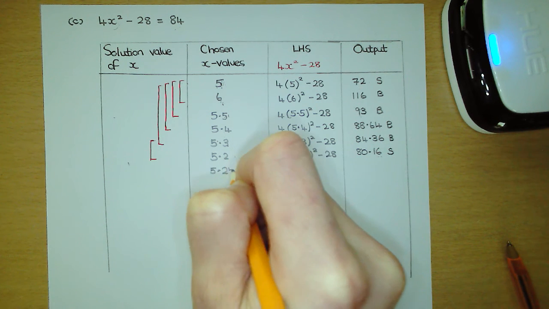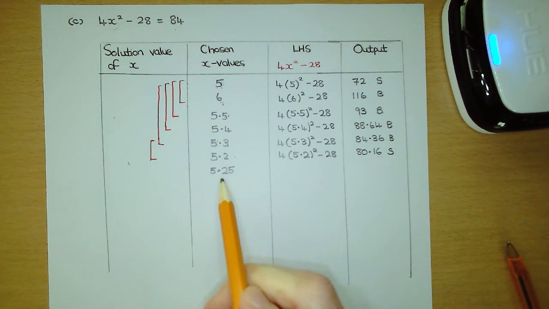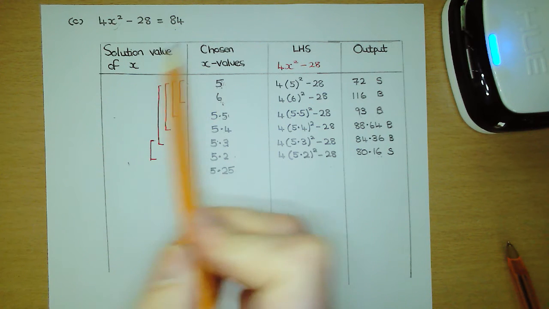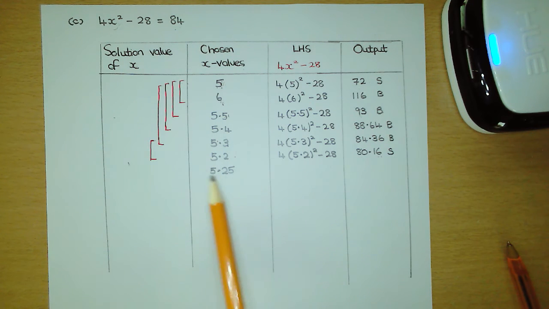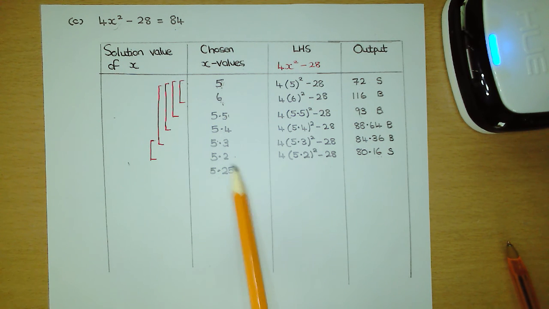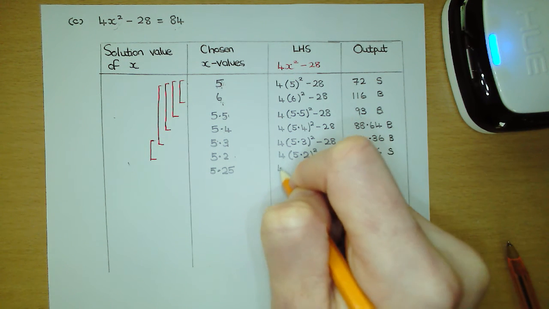And there's some good news. This is going to be our last step because we have to give our answer to 1 decimal place. So the moment you're working with an x value with 2 decimal places, you know there's going to be no more calculations. So again, we chuck 5.25 into the left hand side.